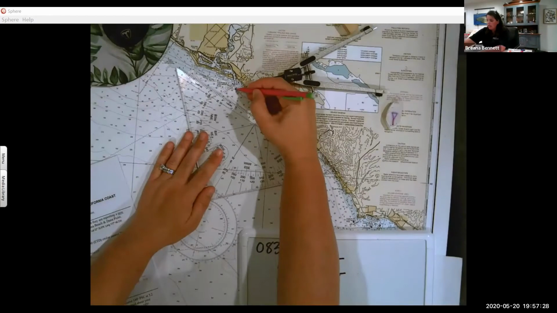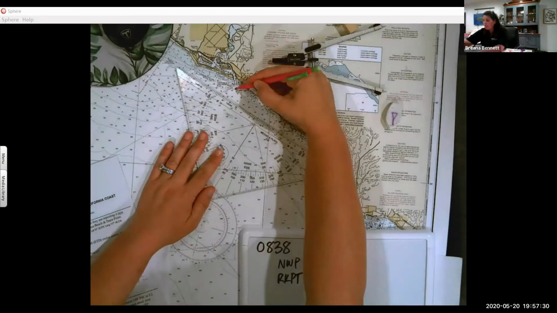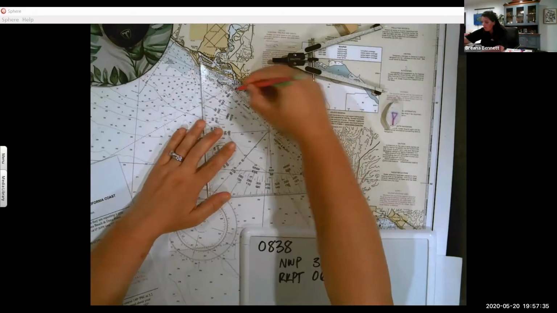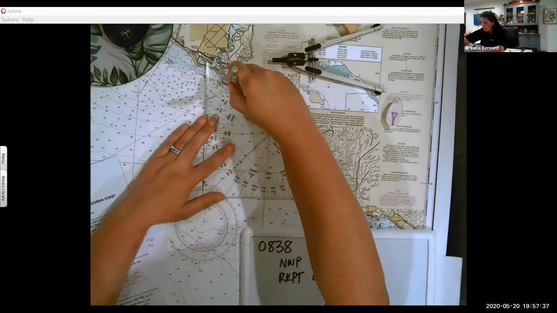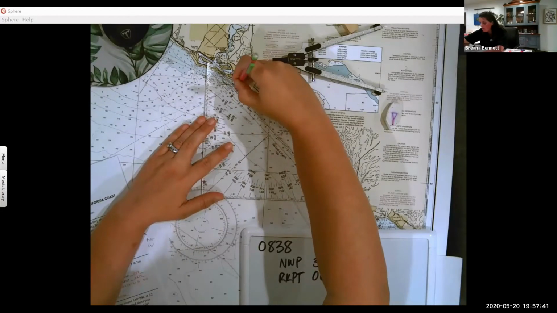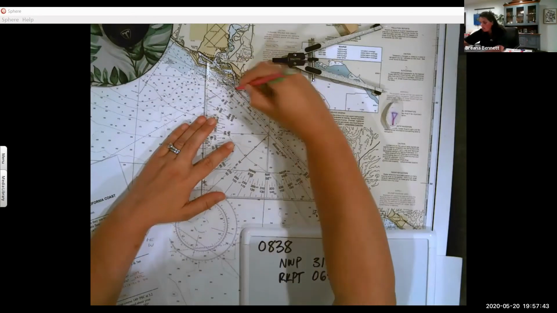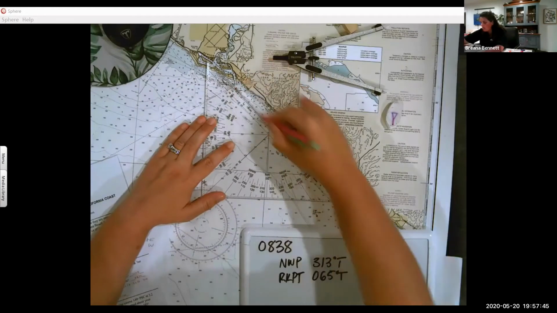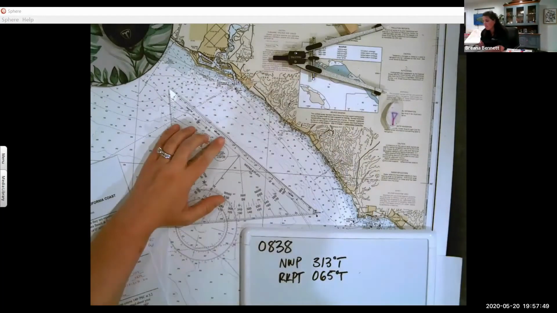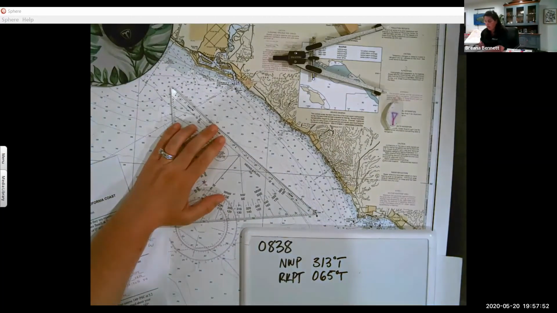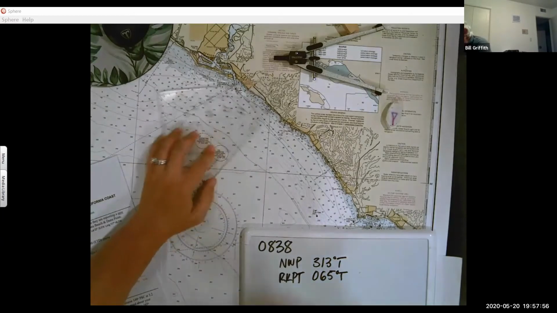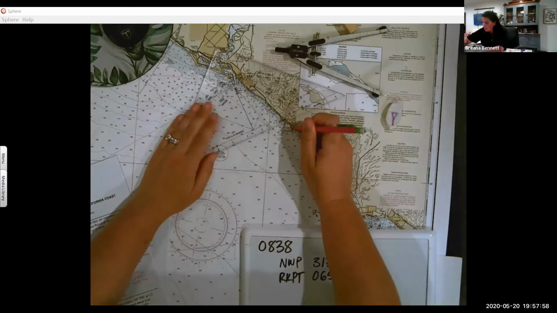So from NWP, we have 313. And then from our 2 Rock Point, we have 065.